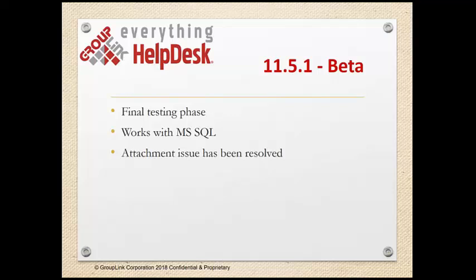Like I said, we're on our second week of this, so hopefully we don't run into any issues and we can release that soon. But the major issues were the attachment issue, where there was not an option to see some larger attachments, and then also the MS SQL issue.